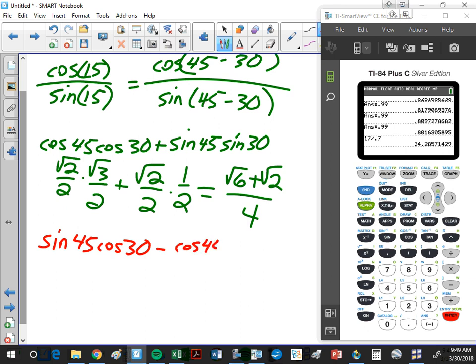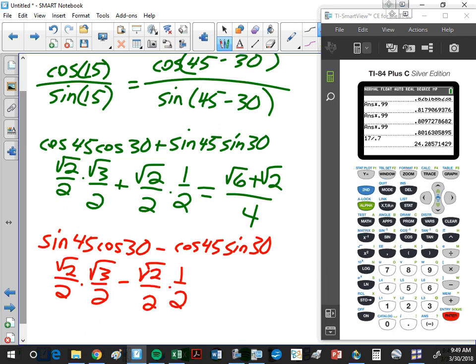Cosine 45, sine 30. That will be root 2 over 2 times root 3 over 2 minus root 2 over 2 times 1/2. So that gives me root 6 minus root 2 over 4. Okay, halfway there.